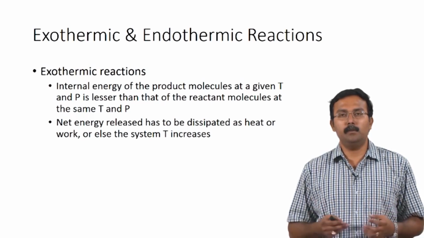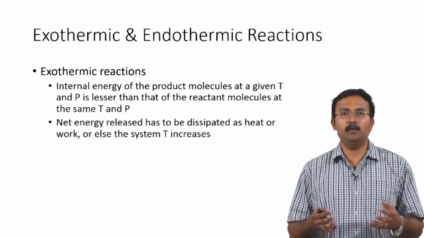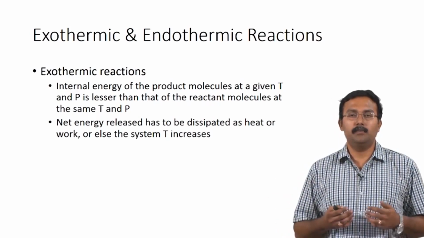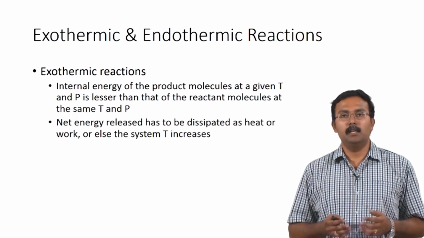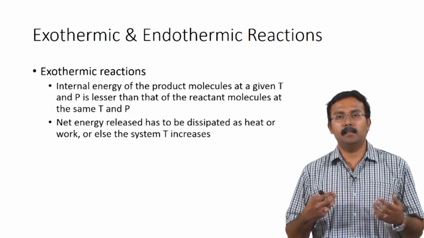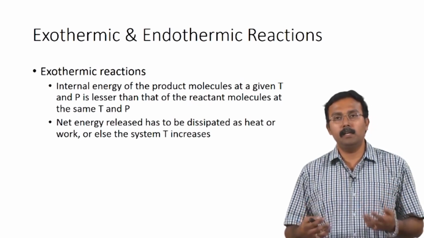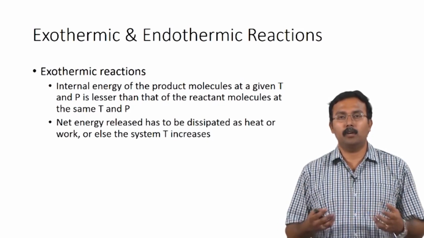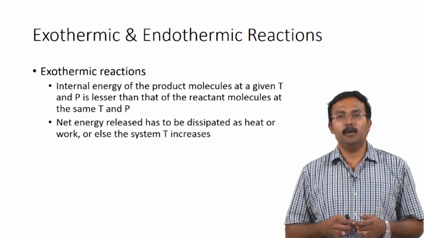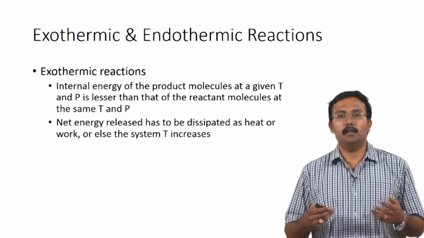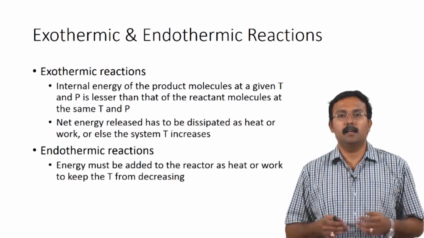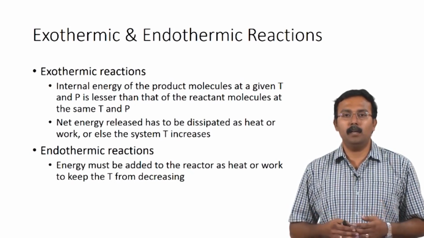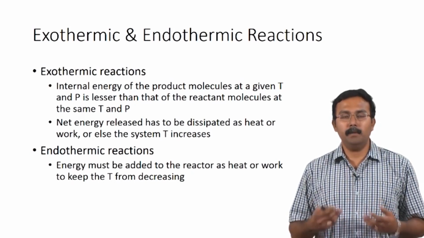So, you need to make sure that there is some way to cool down the system so that the temperature does not increase. If you want an isothermal process, you would have to remove heat by providing some kind of a cooling jacket across the reactor. If you have a process where you have endothermic reactions, energy must be added to the reactor as heat or work to keep the temperature from decreasing.